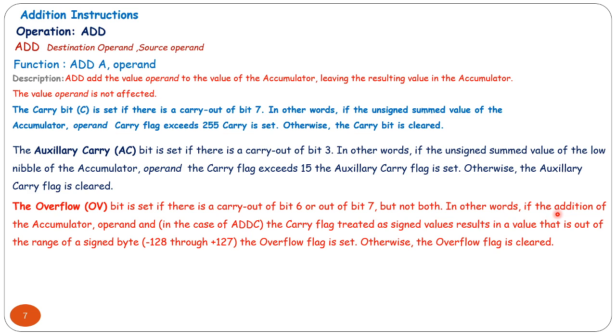In other words, if the addition of the accumulator and operand, in the case of ADDC with the carry flag, treated as signed values, results in a value that is out of the range of a signed byte, minus 128 through plus 127, the overflow flag bit is set. Otherwise, the overflow flag will be cleared.